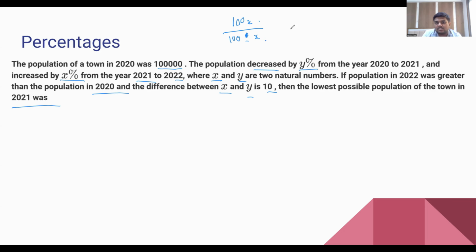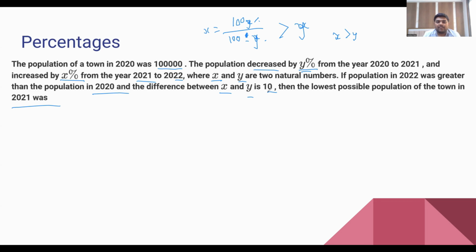From this, it is clear that this value is always greater than x, right? So x was the initial population decrease. Let us say in this scenario, it would have been 100y by 100 minus y. And this had to be greater than y. And this is equal to x. So x is greater than y. Okay.